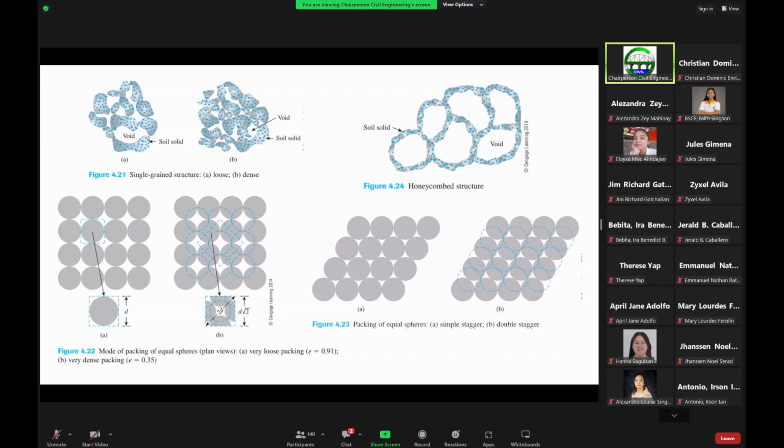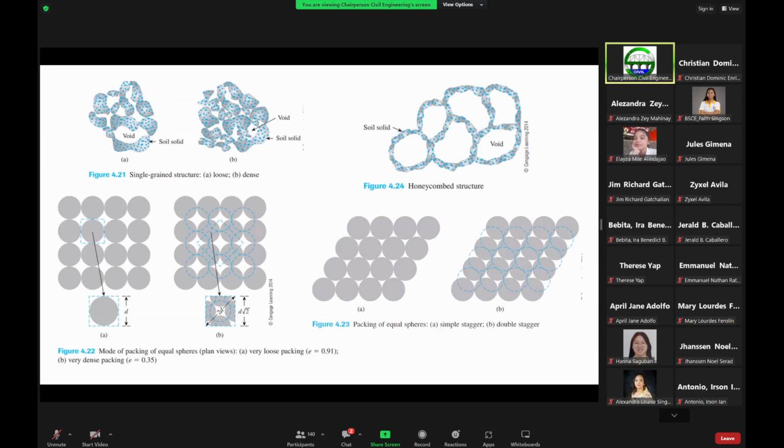Again, to have some idea on the variations in the void ratios, if you recall, the void ratio is defined as the volume of voids over the volume of solids. That means the higher the void ratio, the larger are the spaces within the soil particles. The smaller the void ratio, the smaller are the spaces within the soil particles.